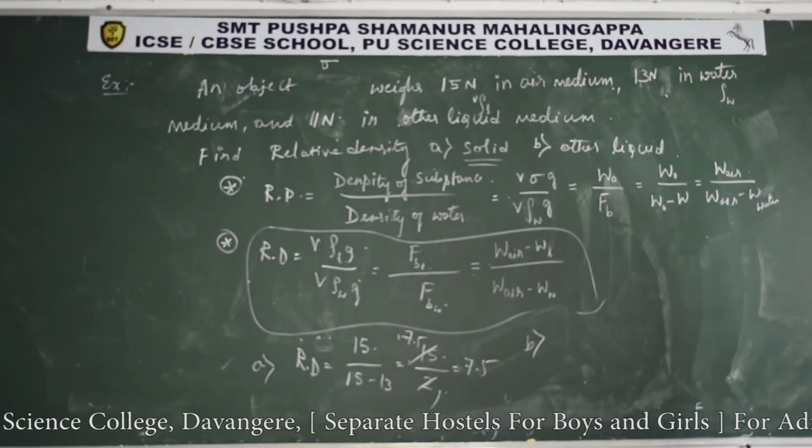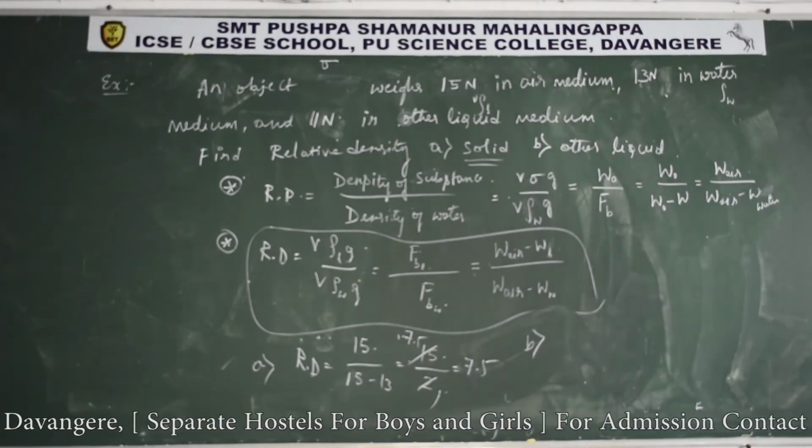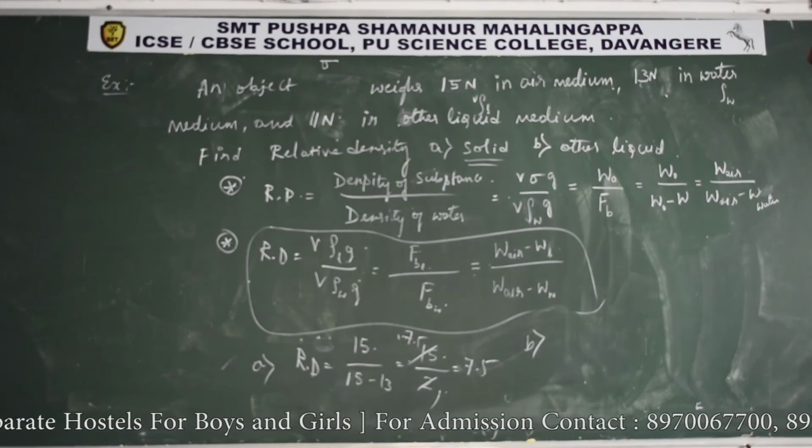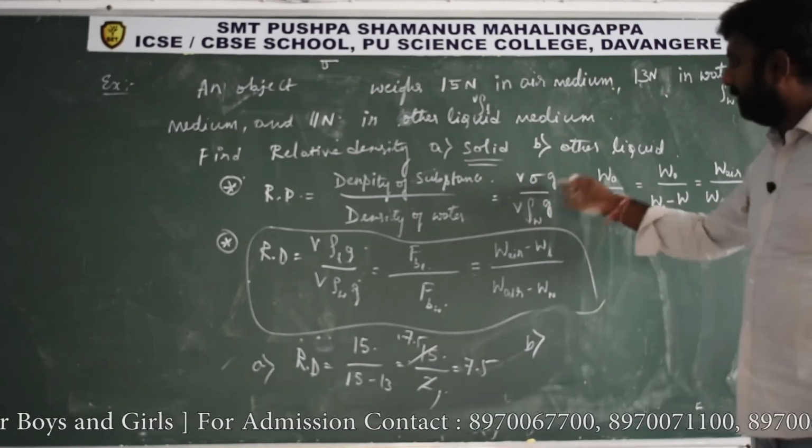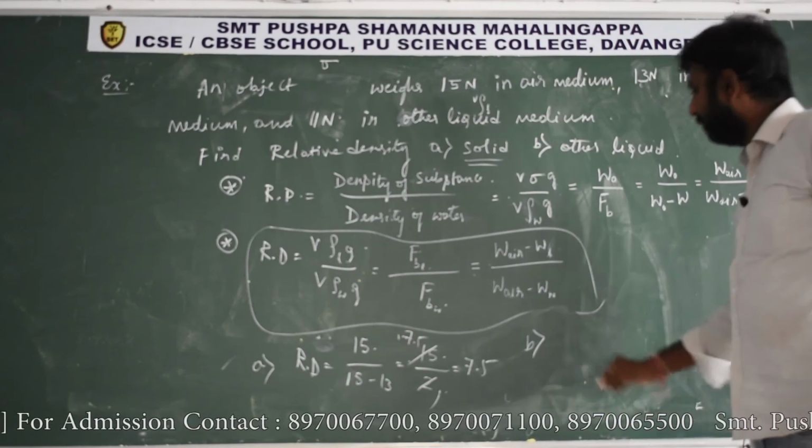And next, B solution. You have to find the relative density of the liquid medium. For that, this formula will not be useful. We have to use this formula.